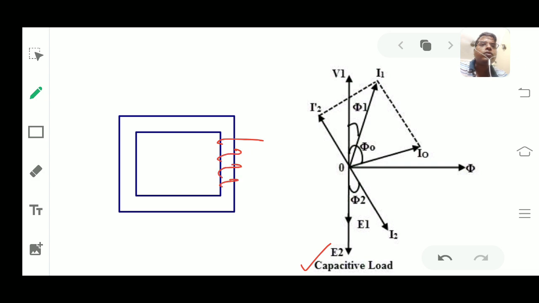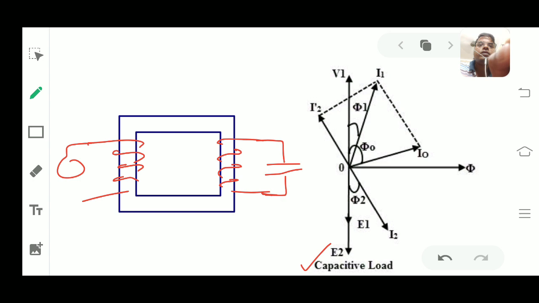Let me show you. So this is connected, so this is capacitive load. And in the primary as usual we will have a supply voltage here.